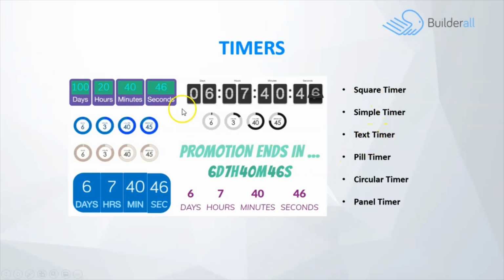Today, we've looked at all the wonderful timers we have at our fingertips as Builderall users. We learned how to configure the square timer, the simple timer, text timer, the pill timer, the circular timer, and the panel timer.